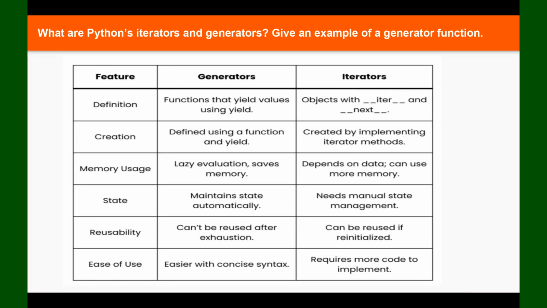The creation of generators uses a function and yield, but iterators are created by implementing the iterator methods. State is maintained automatically in generators, while iterators are maintained manually.